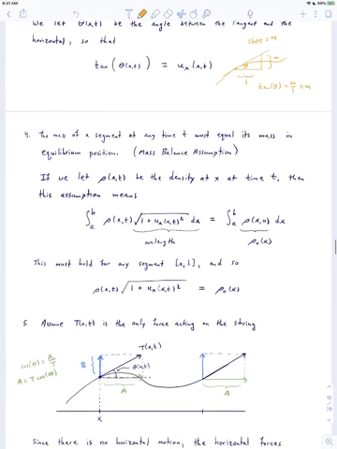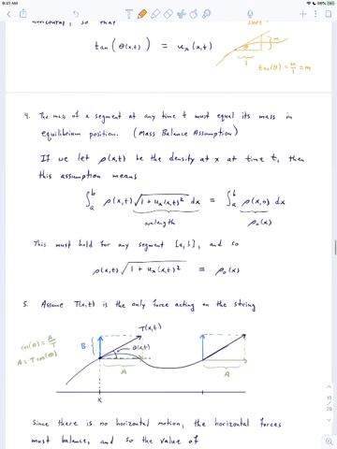What other assumptions do we want to make? The mass of a segment at any time t must equal its mass in equilibrium position. This is known as the mass balance assumption. If we let ρ be the density at x at time t, then this assumption means what you see here in this integral equation. So this segment here, this is an arc length element.